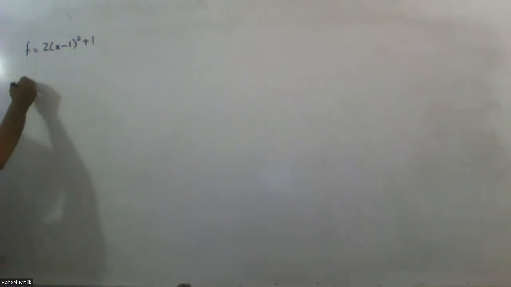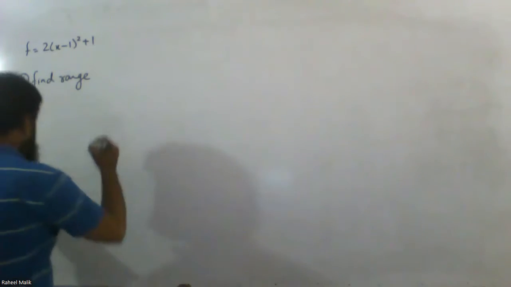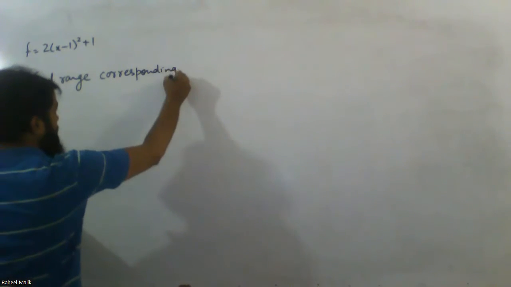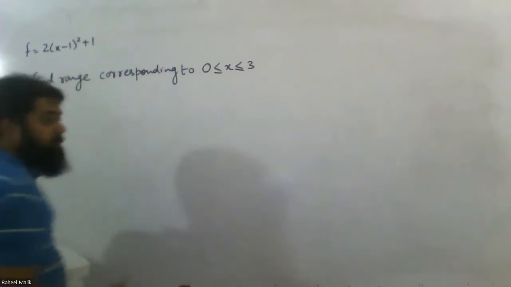The (a) part of the question is saying find the range corresponding to a domain of 0 is lesser than or equals to x lesser than or equals to 3.